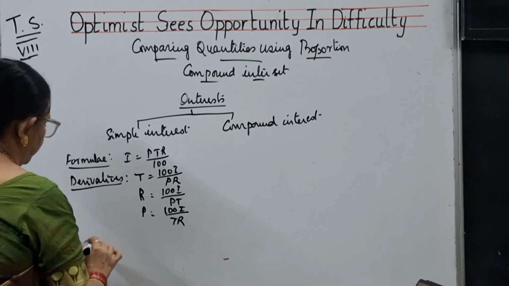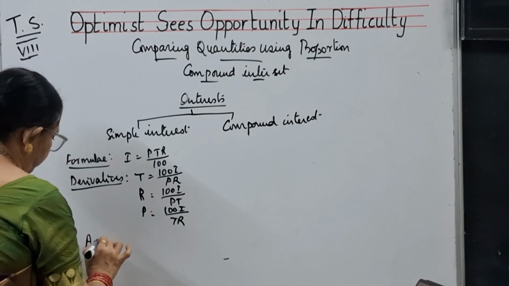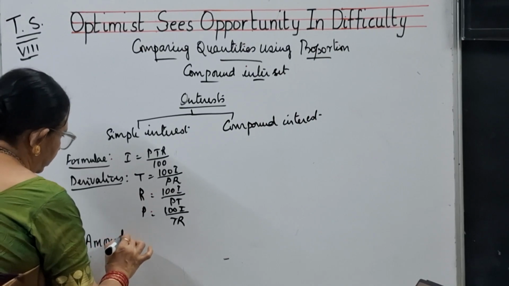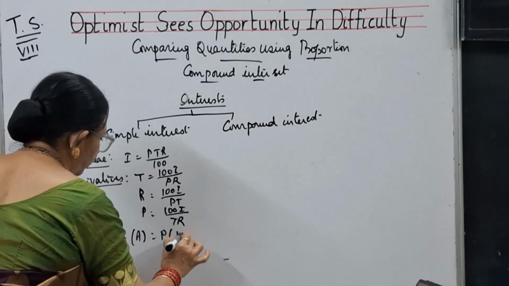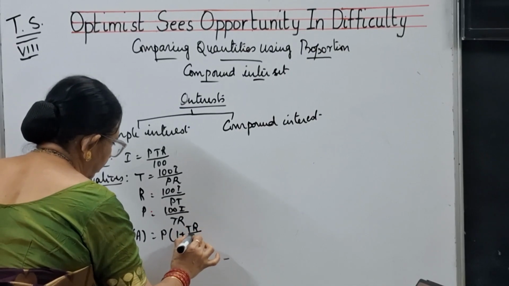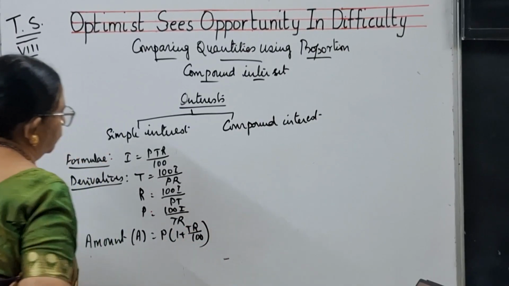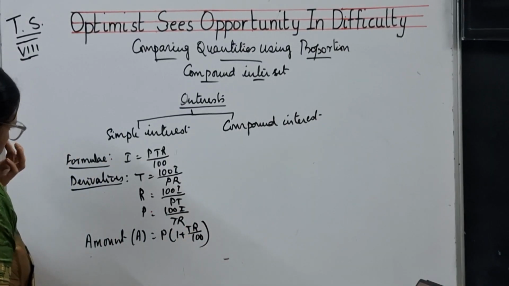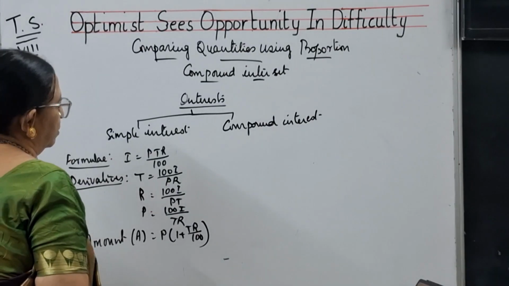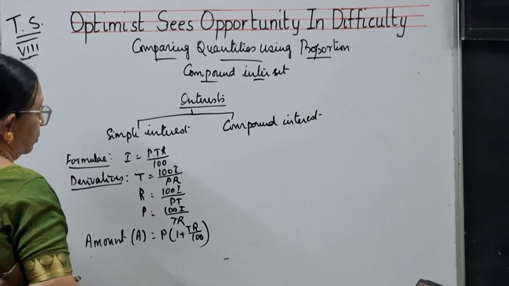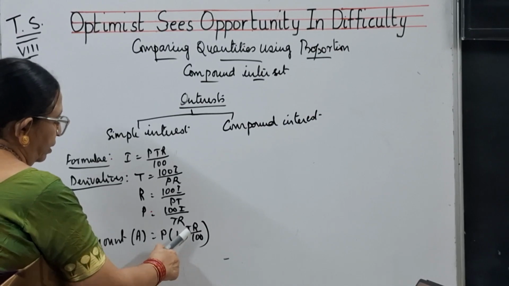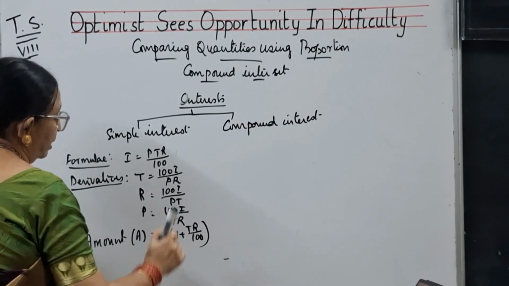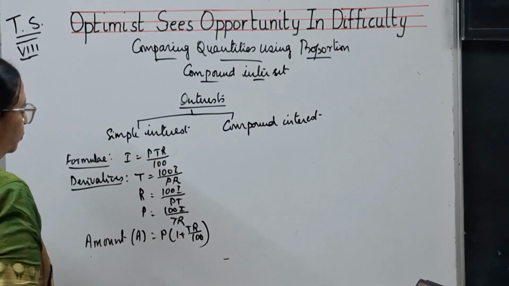Now in this case, simple interest, if you want to know the amount, A is nothing but P into 1 plus TR by 100. This is the formula which we will be using to find out amount for simple interest. Directly, if they ask you to find amount after giving principal, time and rate, you can directly use this.